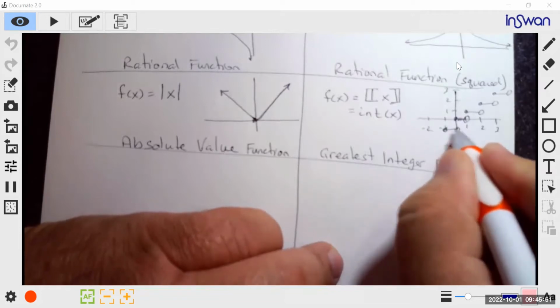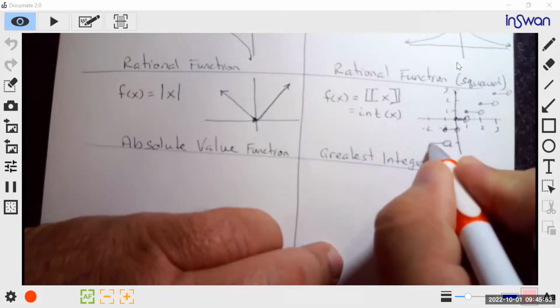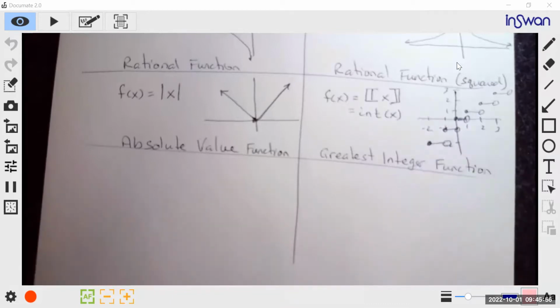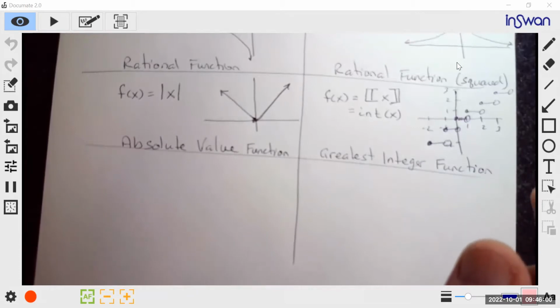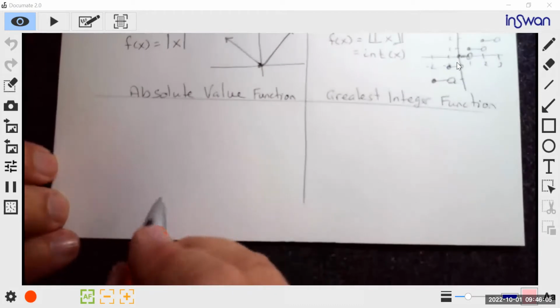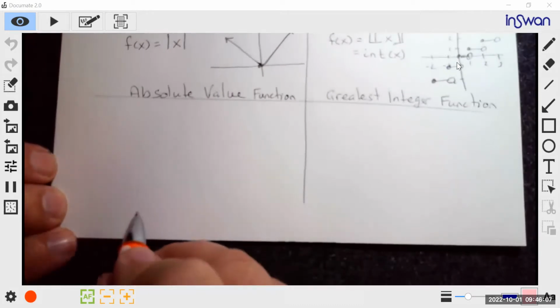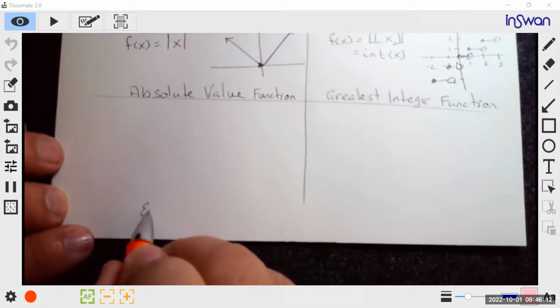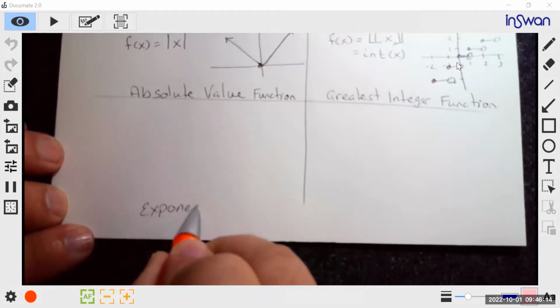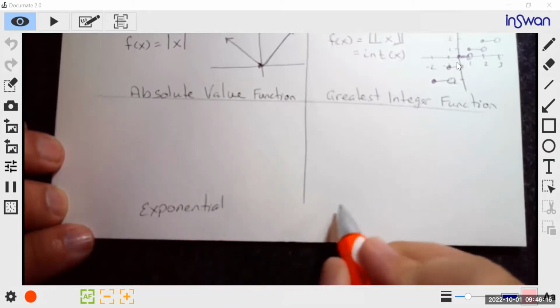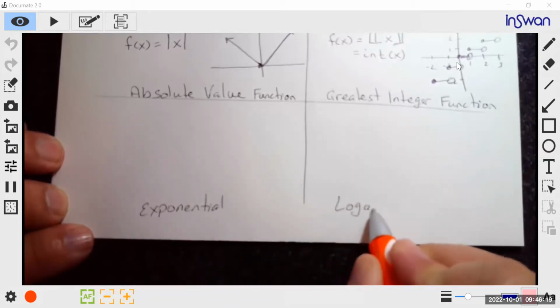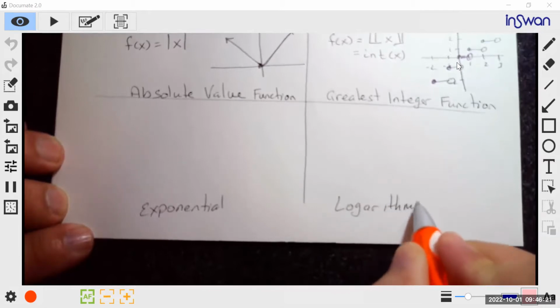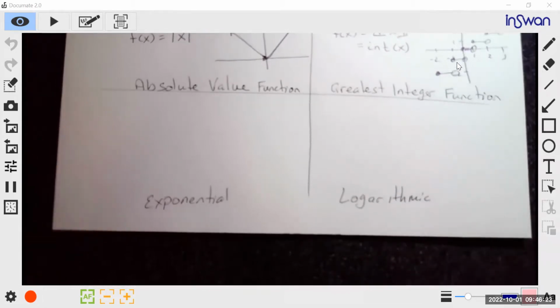So what you're really doing is you're rounding to the left. It's called the stair step function because it looks like a bunch of stairs. And then the last two we'll talk about later in chapter 6. The exponential and logarithmic functions.